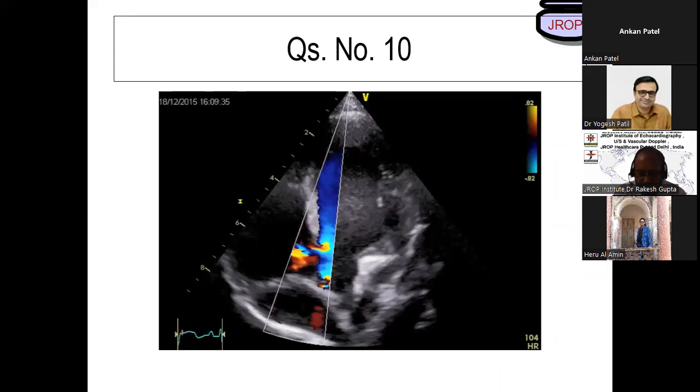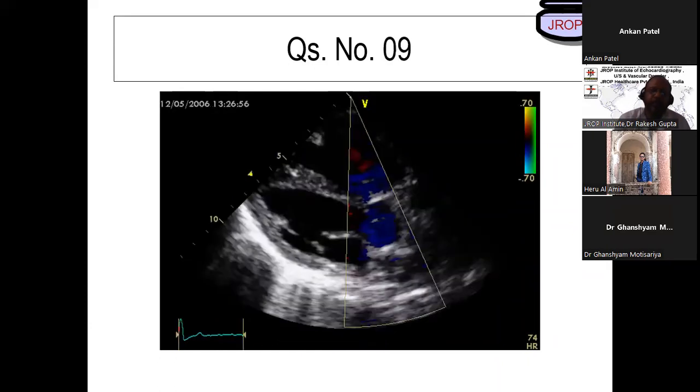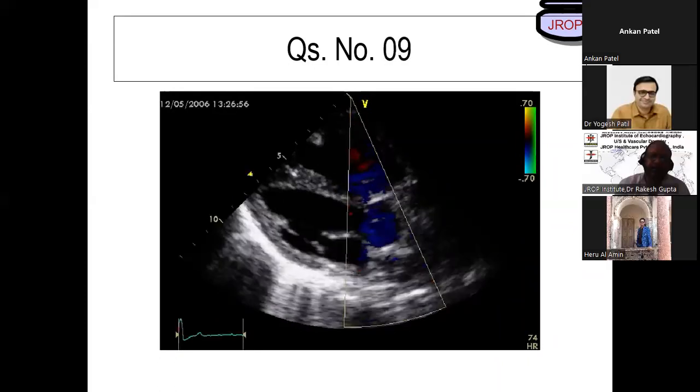So this is the apical 5-chamber view showing LV is dilated, and there is a ventricular septal defect with bidirectional shunt. Anything else, Hiru? So can you again start the video clip?